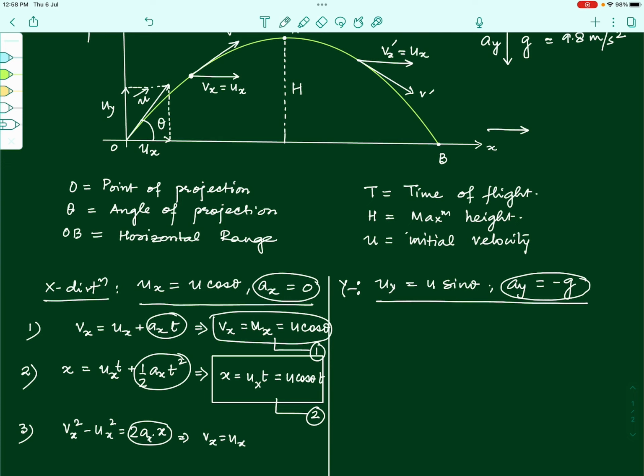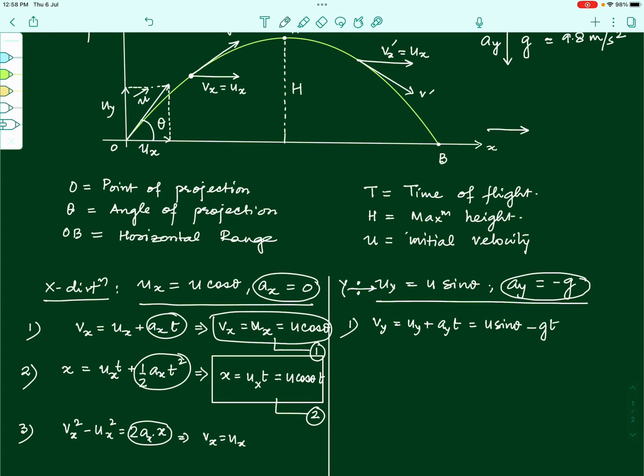Now, let us move along the y axis. Along the y axis now, when we try to write the three equations, the first equation of motion, vy is equal to uy plus ay into t, where uy is u sin theta, ay is minus g and into t.